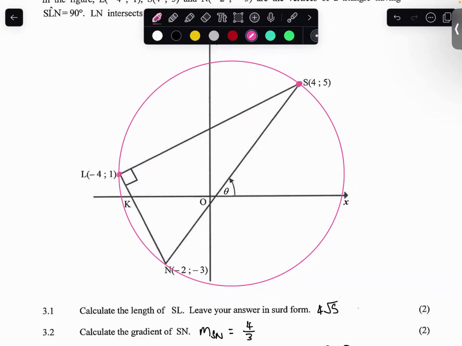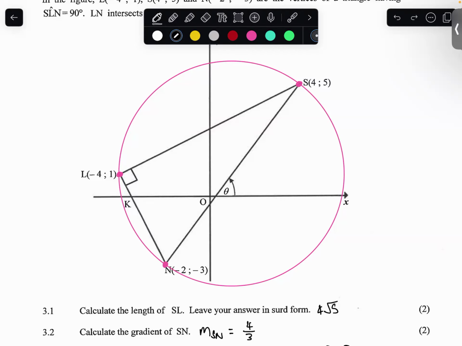If you wrap a circle around this right angle triangle, automatically that means that this line, which is the hypotenuse of that right angle triangle, is the diameter of that circle. Because of the theorem that states the diameter of a circle will subtend a 90-degree angle at the circumference, right? So that hypotenuse of that triangle is the diameter of the circle.